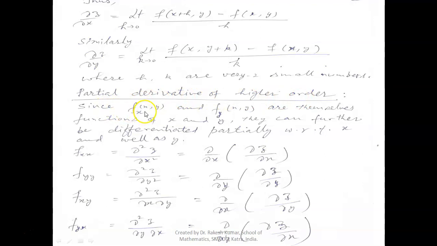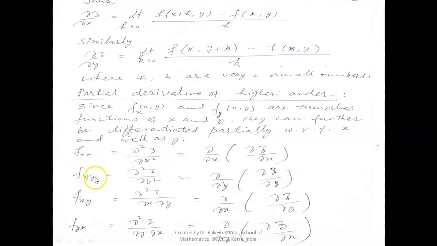Now the partial derivatives of higher order. Since this fx and fy are themselves functions of x and y, they can further be differentiated partially with respect to x as well as y. So if we differentiate del del x of z again with respect to x, we get del square z upon del x square, and it is also denoted by fxx.